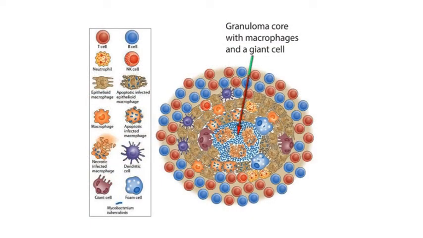The center of the granuloma often contains multinucleated giant cells formed by the fusion of activated macrophages. These giant cells typically are surrounded by large modified macrophages that resemble epithelial cells and therefore are called epithelioid cells.